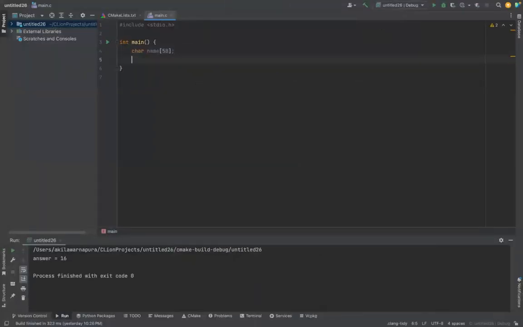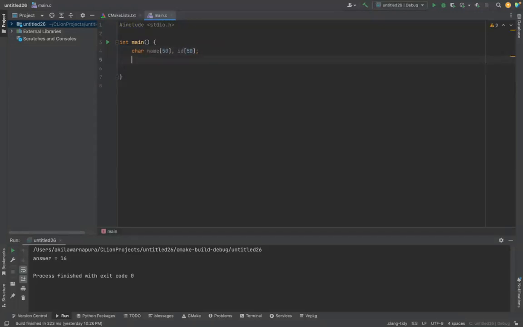So you can use char ID 50. I put this one in the same line. Instead of going to the next line, here I put a comma and ID 50. Two character arrays, name and ID.